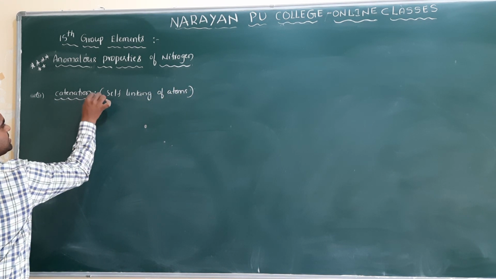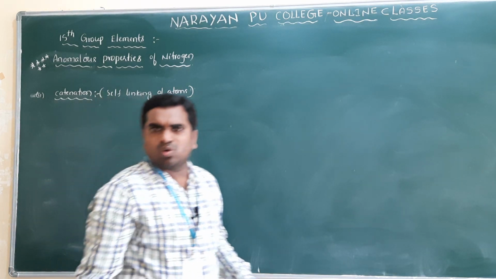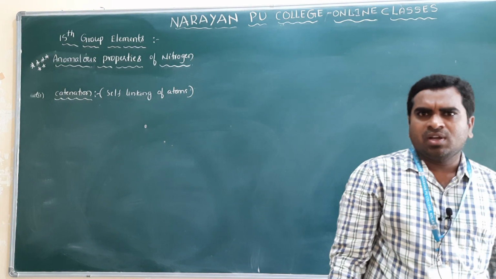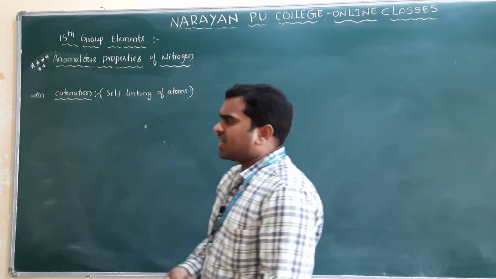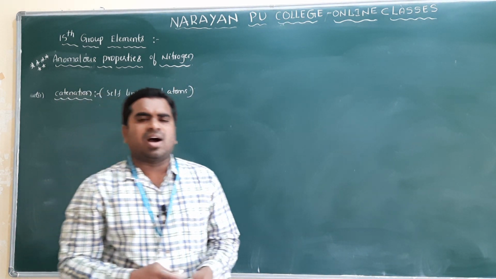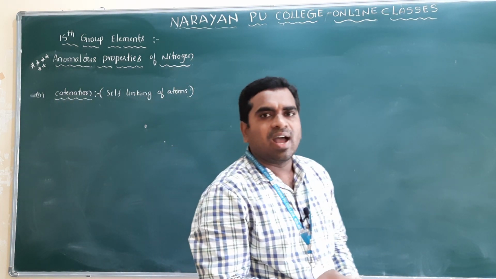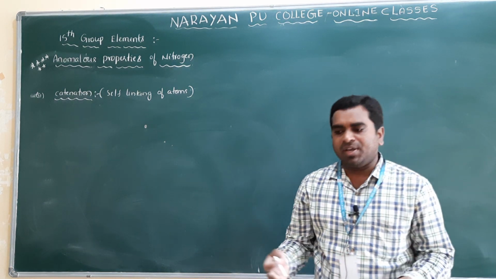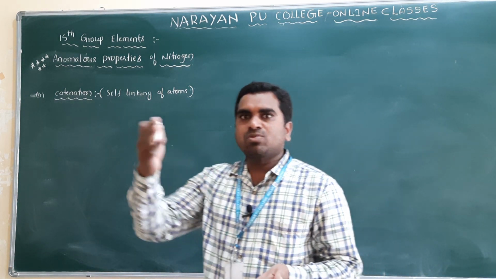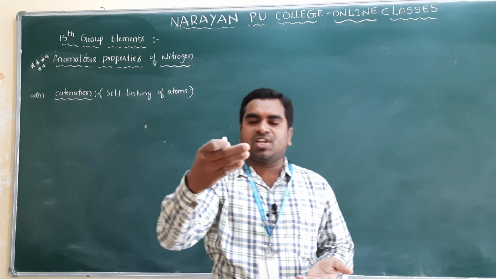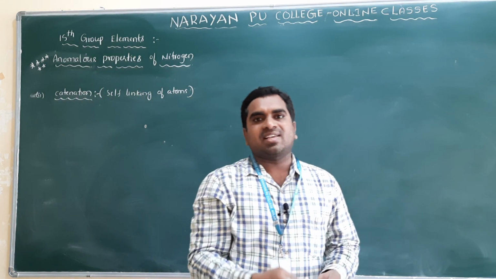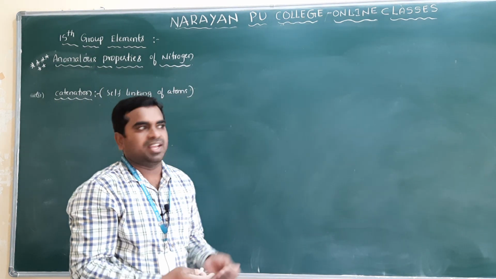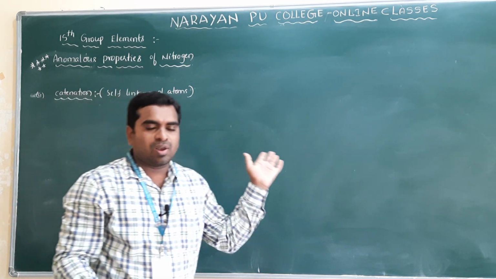That we call catenation. In the periodic table, which element has the highest catenation property? Carbon, the first element in the 14th group, has the highest catenation property compared to all the remaining elements.